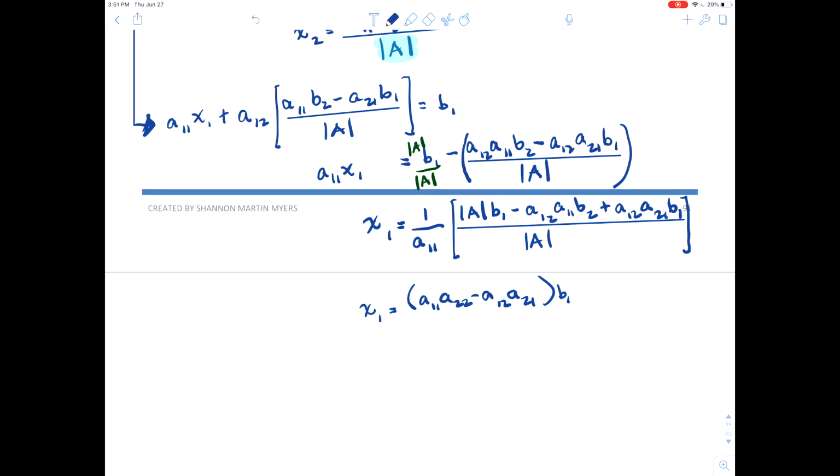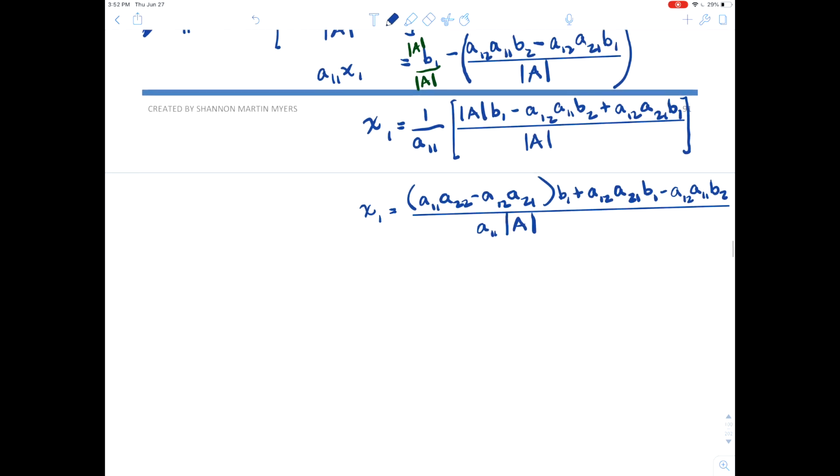I'm going to put the other B1 next to it, so we'll have plus A12 times A21 B1 minus A12 times A11 times B2. That's going to be all over A11 times the determinant of A.